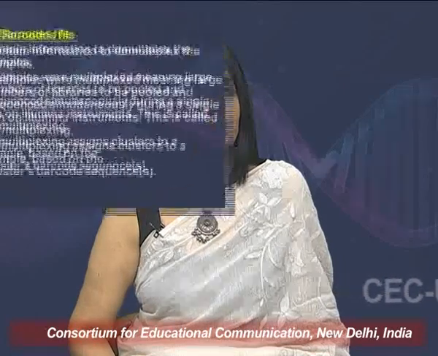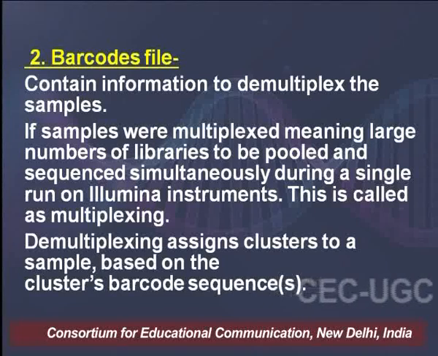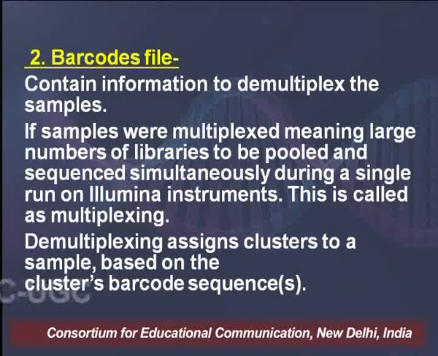Another file which we get in Illumina sequencing of metagenomic data is the barcode file, and it contains the information to demultiplex these samples. So I come back to demultiplexing or multiplexing. Multiplexing is when, in amplifying and sequencing, we mix the samples.